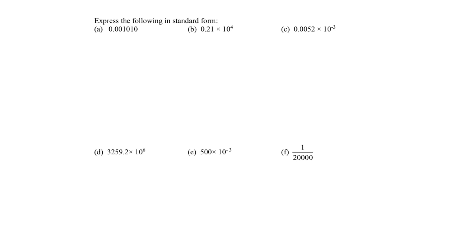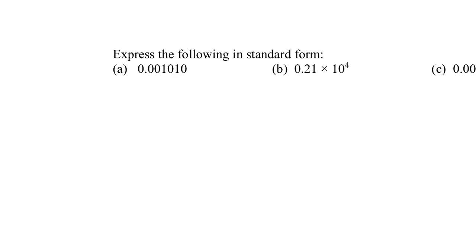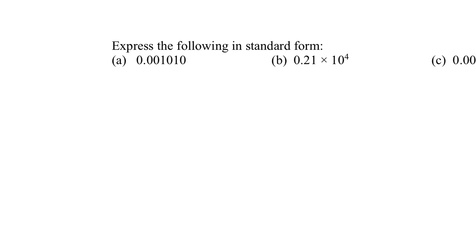For this part of this question, we are required to express the following in standard form. Let's zoom in on part A, where we are given 0.001010. So how do we write it in standard form?